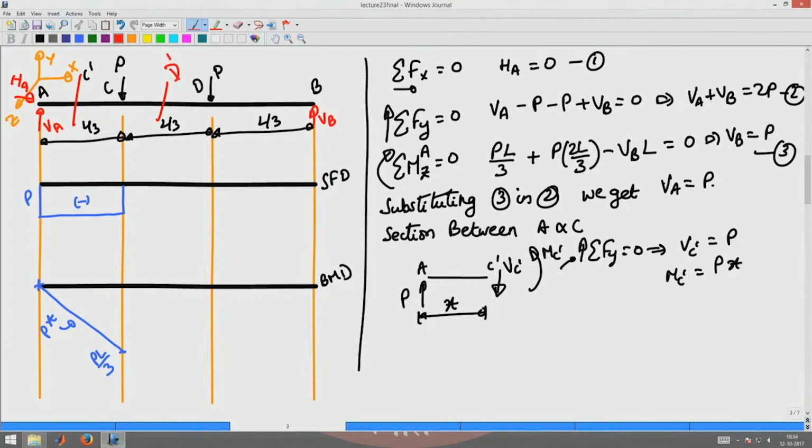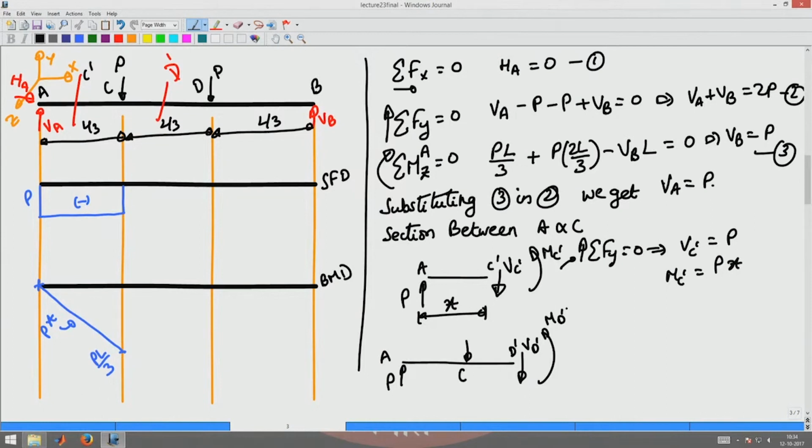Now, what happens? The free body diagram for this cut section would have the vertical force P acting at A, a downward force acting at C, and at D prime there will be a shear force V D prime possibly acting there and a moment M D prime acting there.